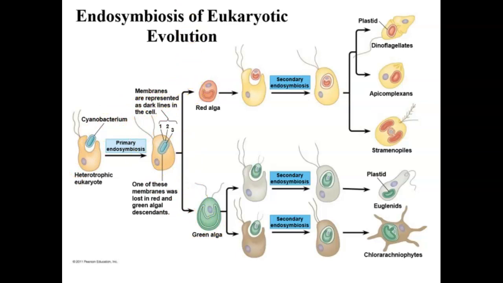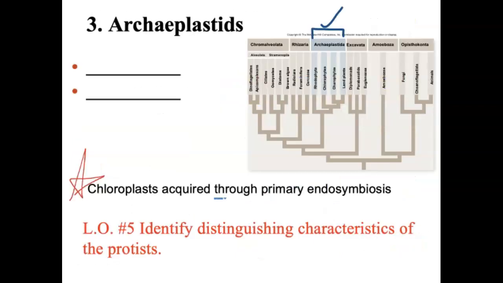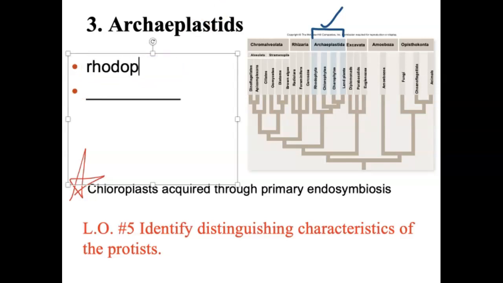Now, red or green based upon what particular other organism they evolved the endosymbiosis with, and somewhat what color they are. All right, so we're going to keep it that simple. So within the Archaeplastids, the 2 big categories will be Rhodophyta and then the green algae.